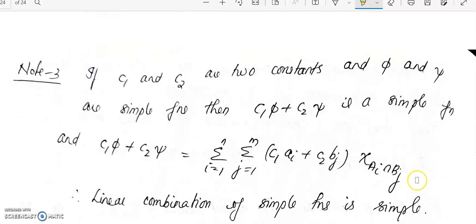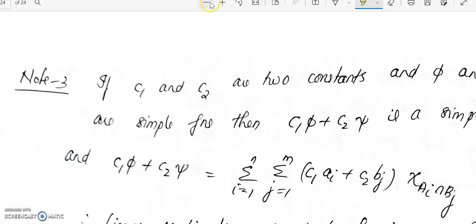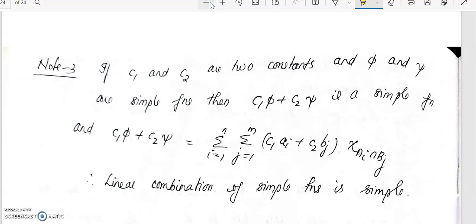And one more note, this is on linear combination. We have now seen that the sum can be written in canonical form. Similarly, the scalar multiple can be written in canonical form.